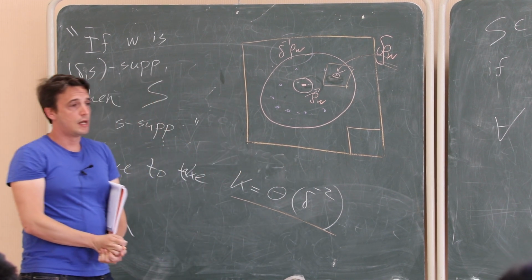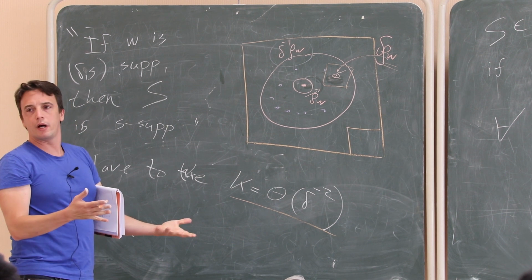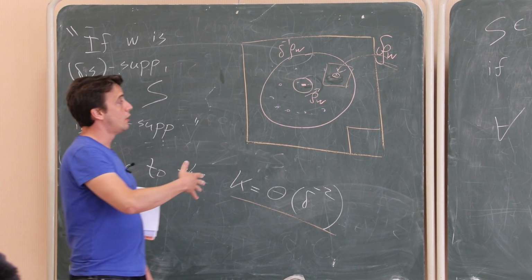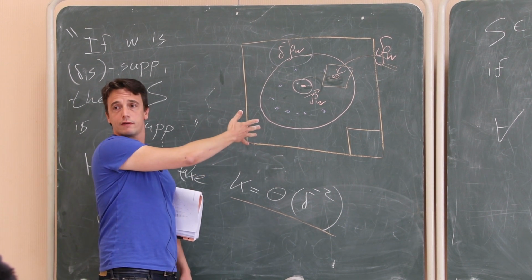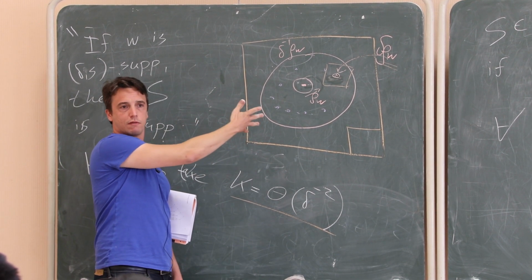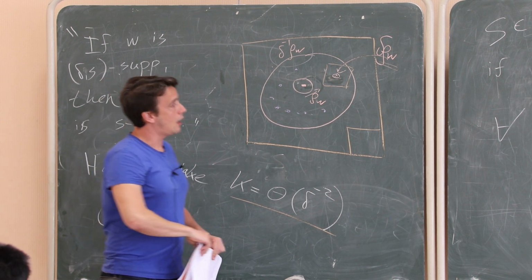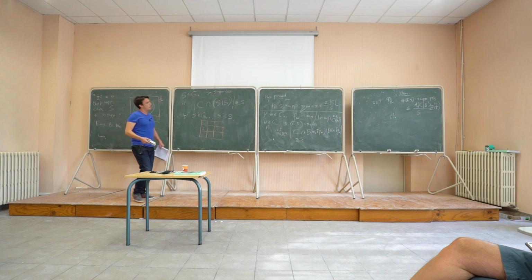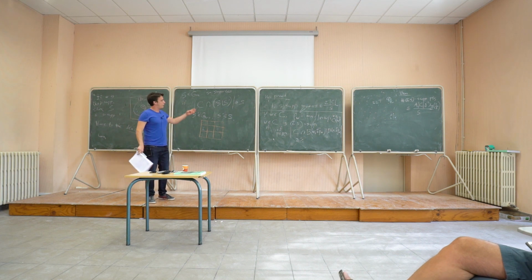So the point is to randomize our construction of squares and to hope that we capture not all of the delta S supported points, but at least most of them. Okay, so this will be what we will do. And this is the idea of how to reduce to this case.